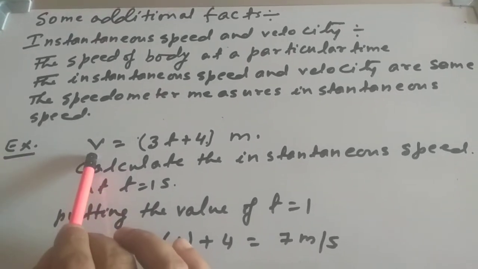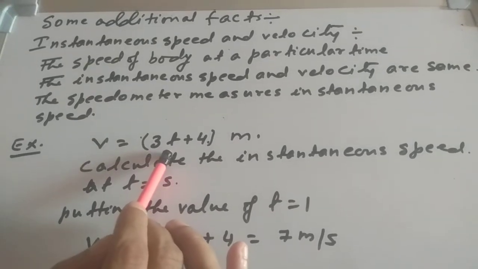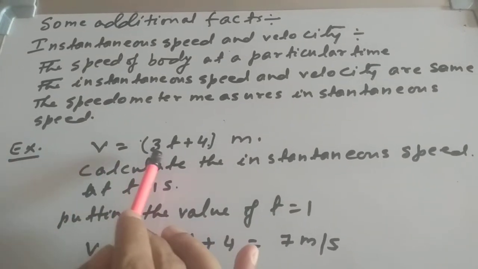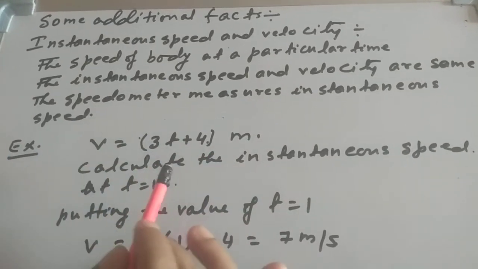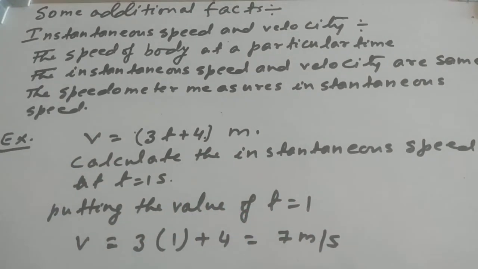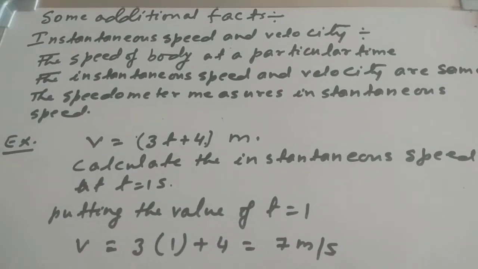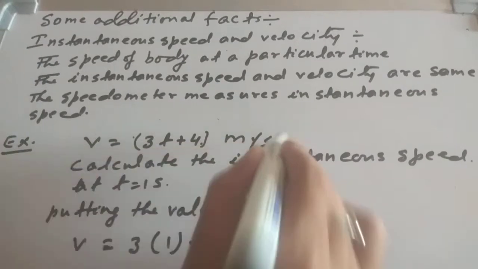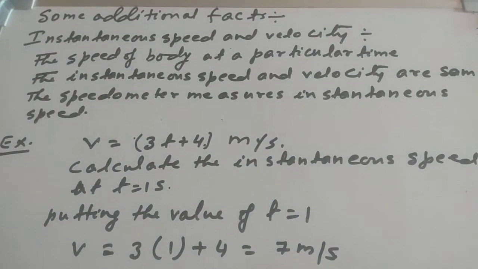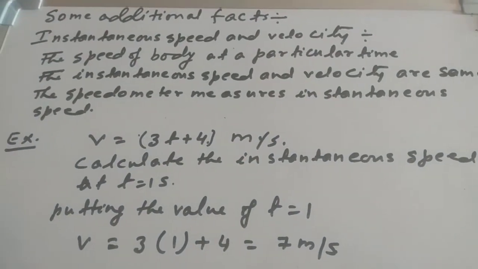Suppose speed is a function of time t, and the speed v is equal to 3t plus 4 meter per second. Now calculate the instantaneous speed at t equal to 1 second.